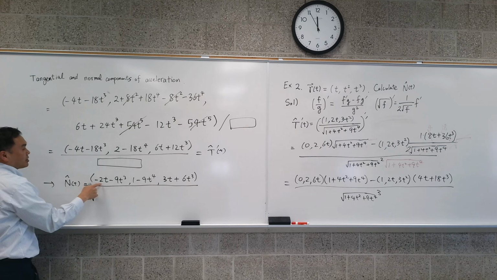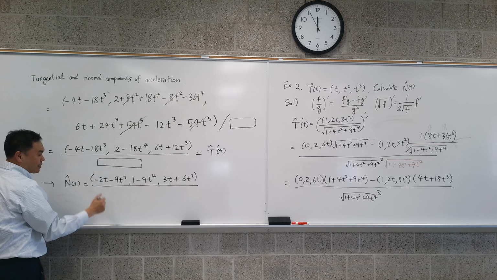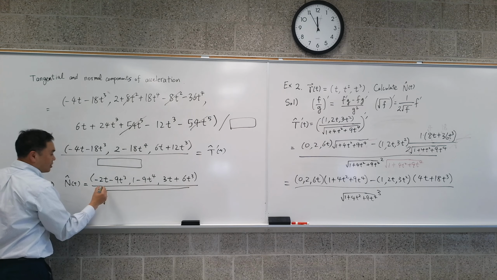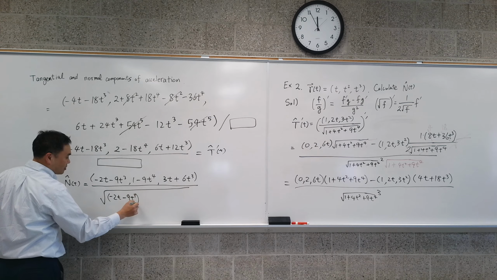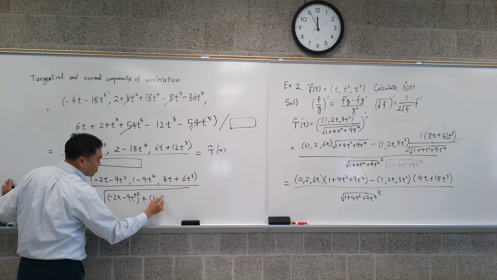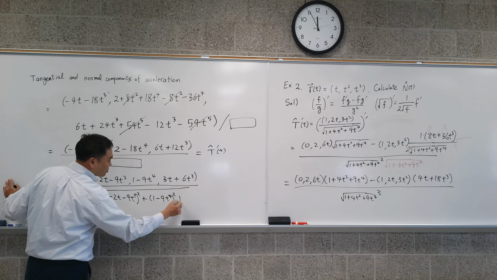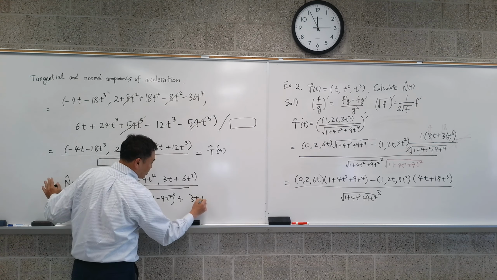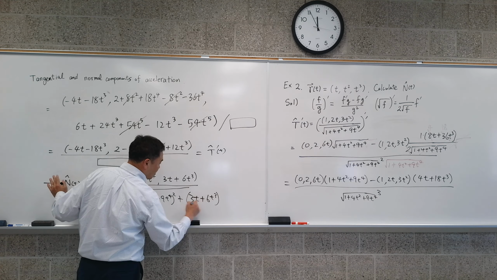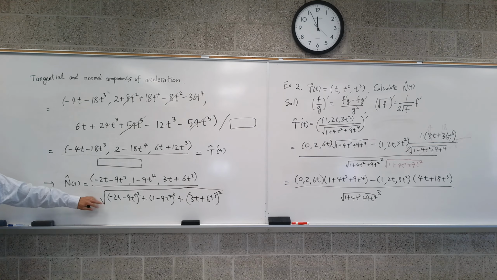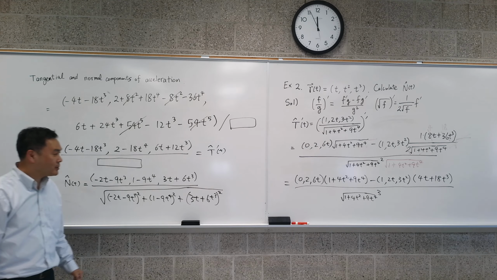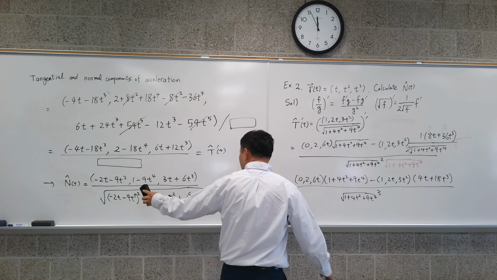So this is what I obtained from here by dividing by 2, and now I have to take the square root and do this horrible thing. Square root of negative 2t minus 9t cubed squared, plus 1 minus 9t to the fourth squared plus 3t plus 6t cubed squared. Okay, and I'm not even going to try to simplify this any further. It's just too much. Okay? But that's what N T is.